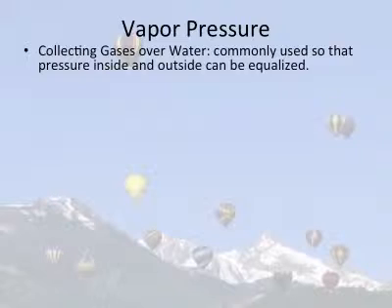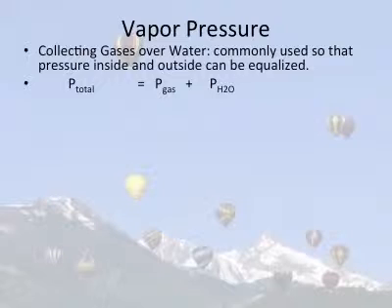I moved around the slides a little bit to make the flow work, and I forgot to rearrange it on the notes. So anyhow, let's start talking about vapor pressure, because that's what we were just talking about in that lab that we're going to do next week. We are going to collect a gas over water. We do this a lot because the pressure inside and the pressure outside will equalize themselves, and so it actually happens on its own.